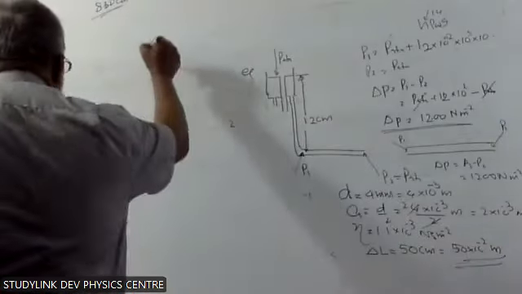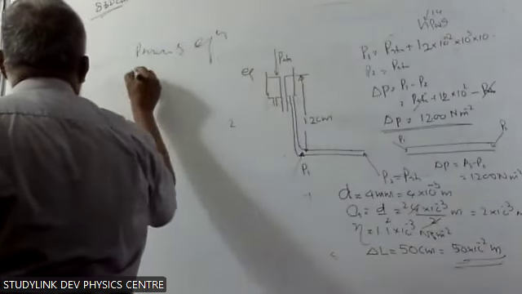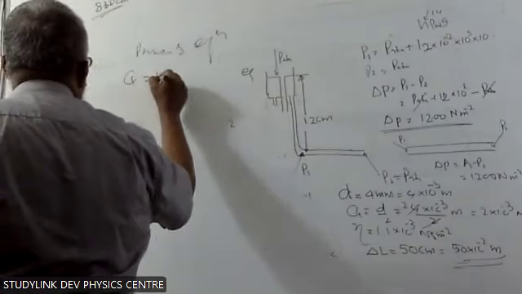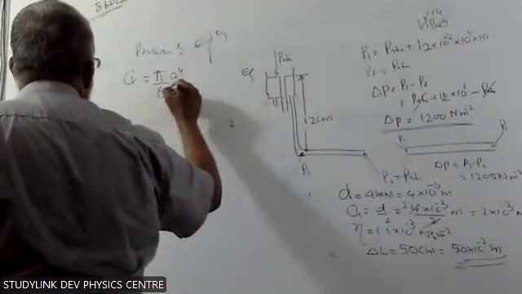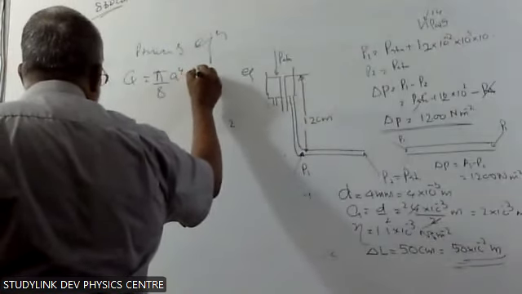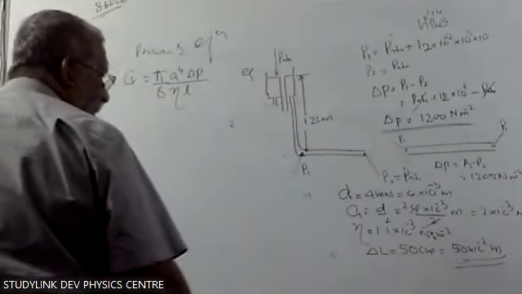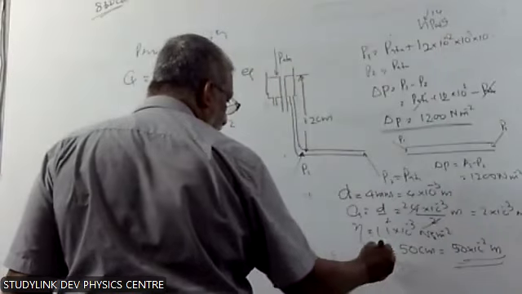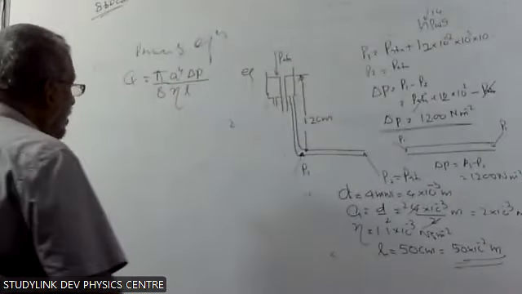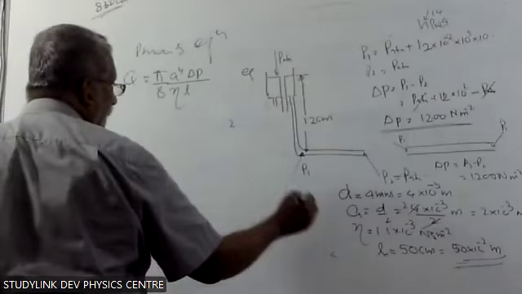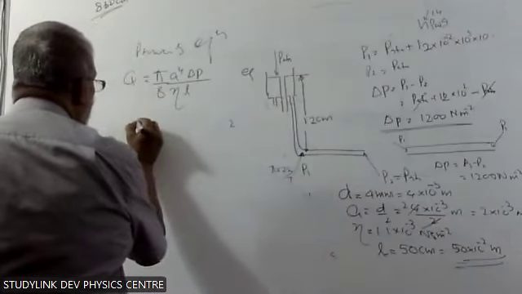Then according to Poiseuille's equation, Q is equal to pi A^4 delta P divided by 8 eta L. But here I'll consider L, not delta L, because I wrote the equation in that way. So now pi is known. Pi is 22 by 7. Then you can substitute.